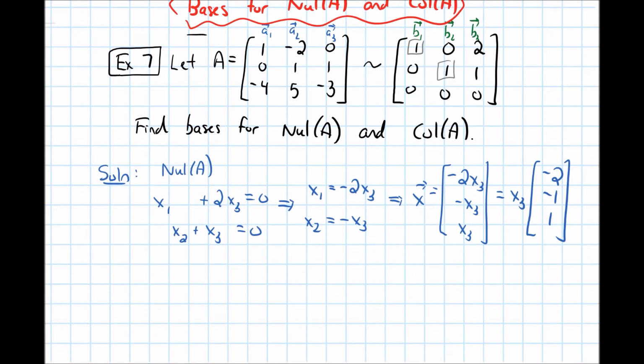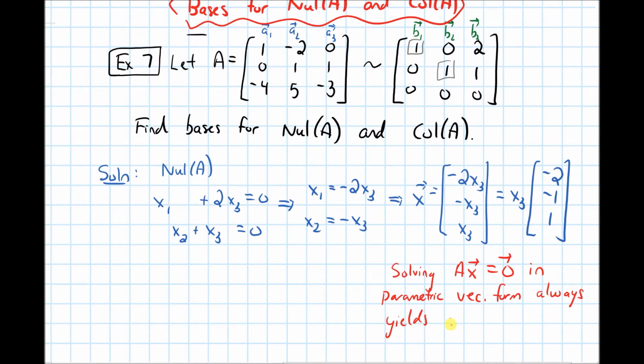So it turns out that when we solve for the null space, when we're solving the homogeneous equation Ax equals 0, solving that in parametric vector form always yields a basis for the null space.